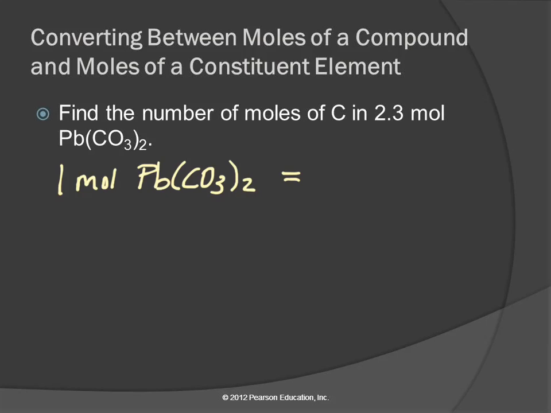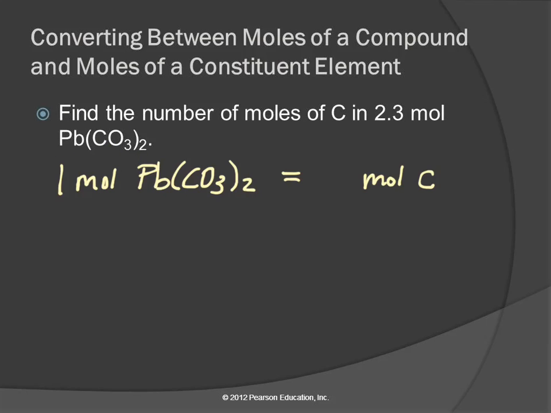We're going to get a conversion factor out of this. It's going to relate moles of carbon. So if we're looking at this formula, how many carbons are in the formula? 2. Inside the parentheses, we have 1 carbon, and there are 2 of those groups. There's 2 carbons in the formula.